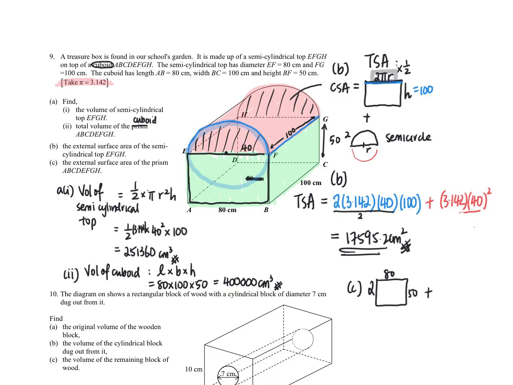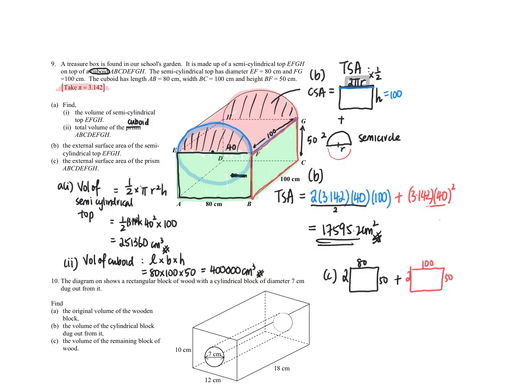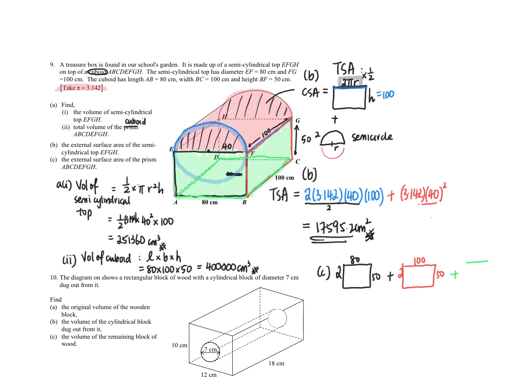I also have 2 of this rectangle, one on the right and one on the left. So 2 of this, it is 50 by 100. Okay, and then I only have one at the bottom. The top one is stuck to the top. You don't need to count that. So only one of this, which is 80 by 100.